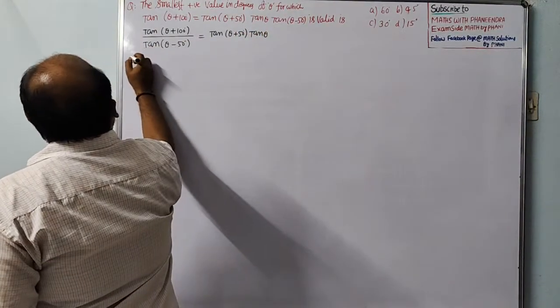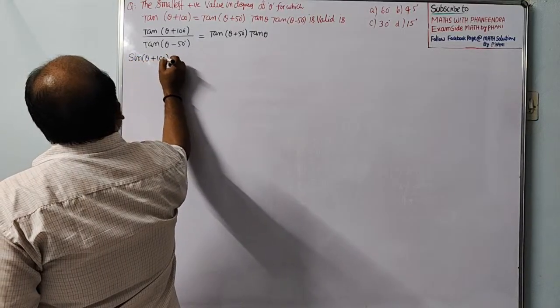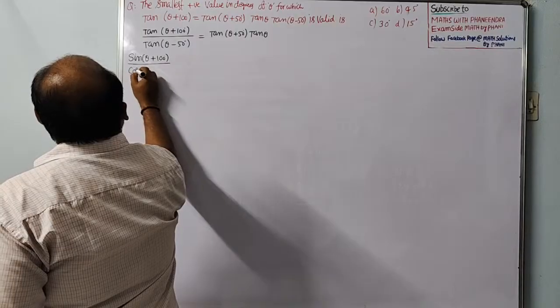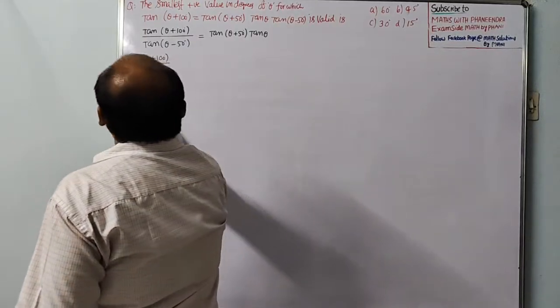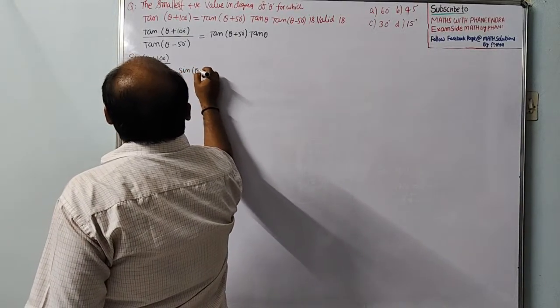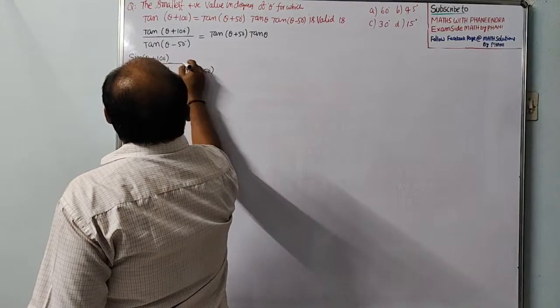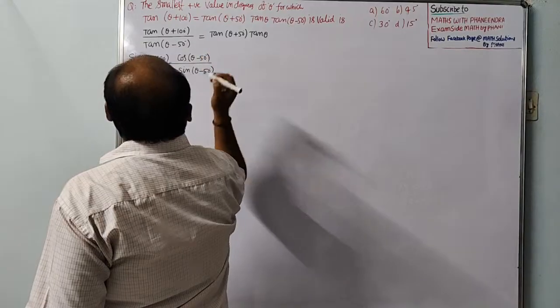So tan means sine by cos. So sine of theta plus 100 divided by cos of theta plus 100. Sine by cos means sine will come in the denominator: sine of theta minus 50 degrees, cos of theta minus 50 degrees.